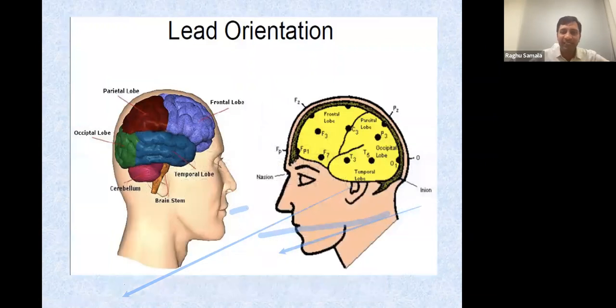And for the lead locations, FP1 represents the frontopolar, F3 represents the proper frontal lobe, F7 predominantly the anterior temporal lobe, T3 mid-temporal, T5 posterior temporal, O1 occipital, P3 parietal, and C3 comes almost near the central sulcus.